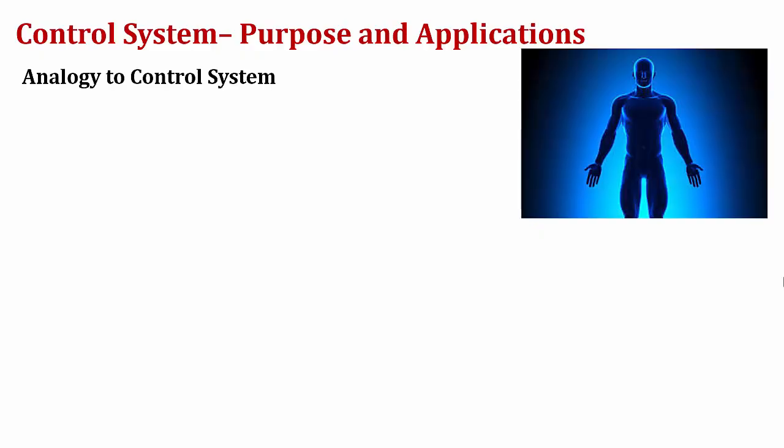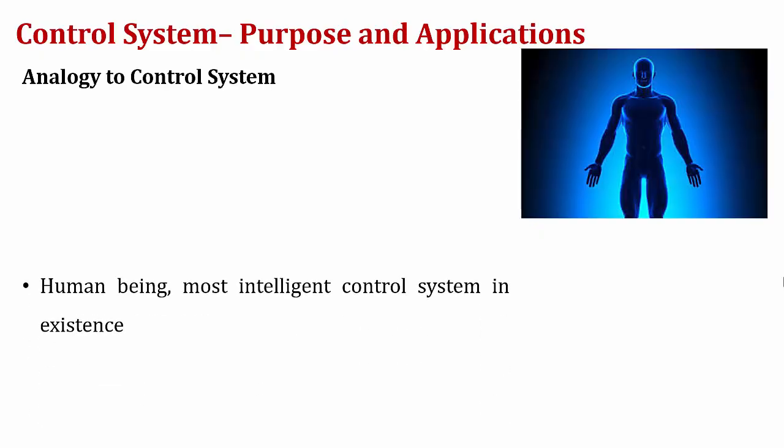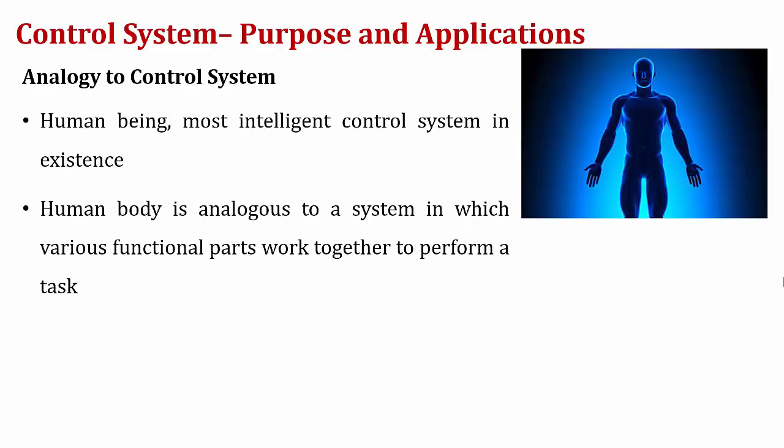Control system is mainly used to get a desired thing. So whenever we fall sick, something is created in our body which makes our body immune and fights the illness, and we come out of that. So it is an intelligent control system.